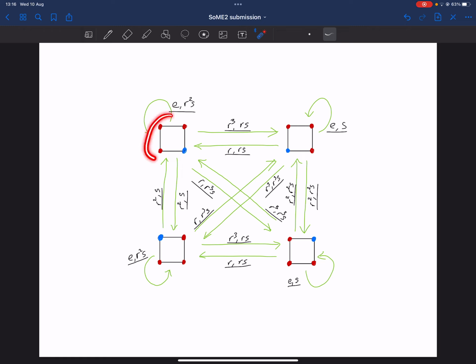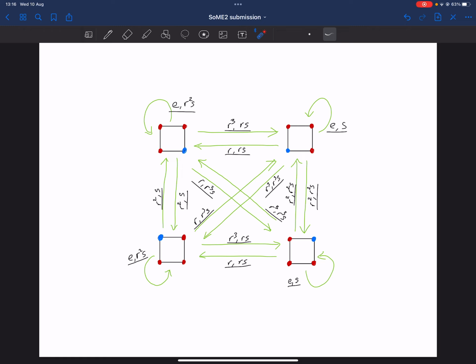So let's start with this top left colouring. There are exactly two of our permutations which send it back to itself. We can see these are E and R squared S, where R squared S was reflection in this axis here.